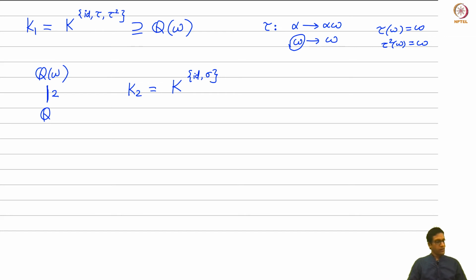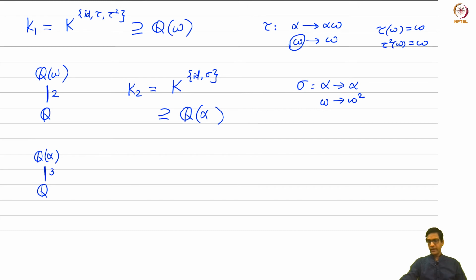Sigma maps alpha to alpha, and maps omega to omega square. So by the same reasoning as before, this fixed field definitely contains Q and alpha, so it contains the field Q of alpha. How big is that? As we saw earlier, alpha satisfies a degree 3 irreducible polynomial, so Q alpha over Q is a degree 3 extension.